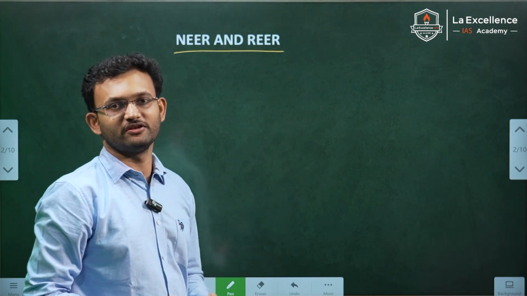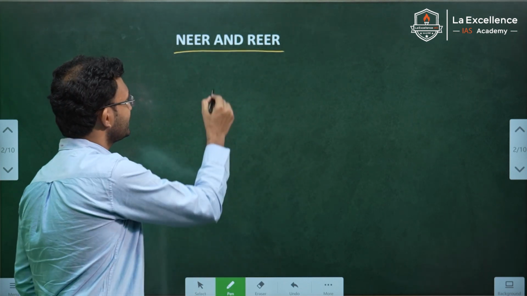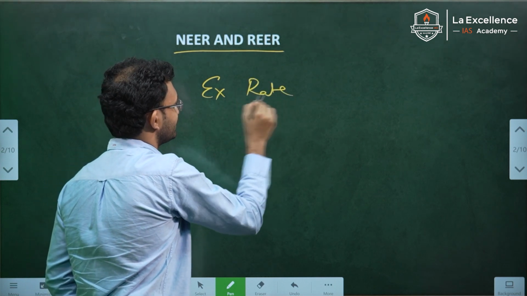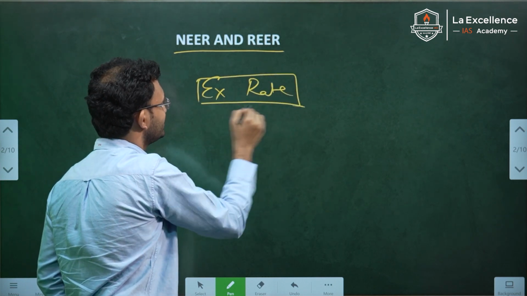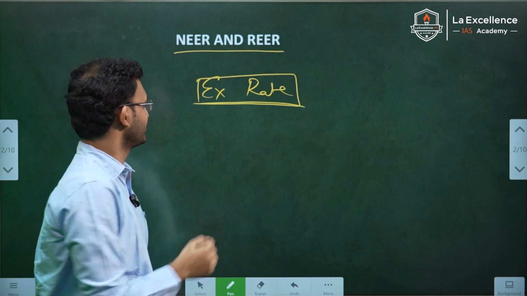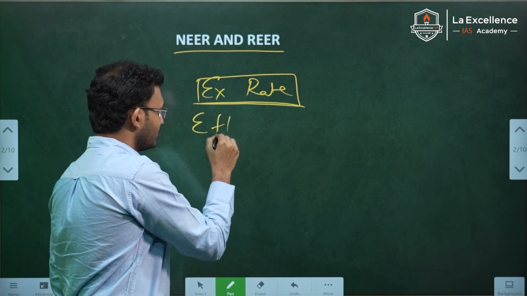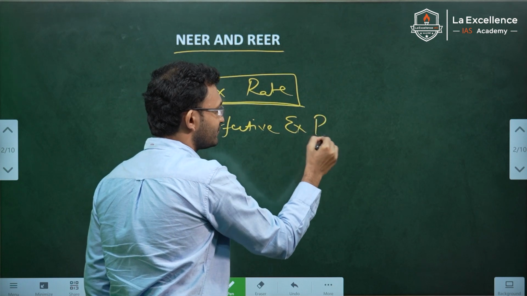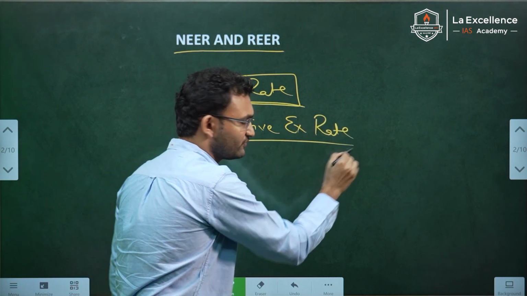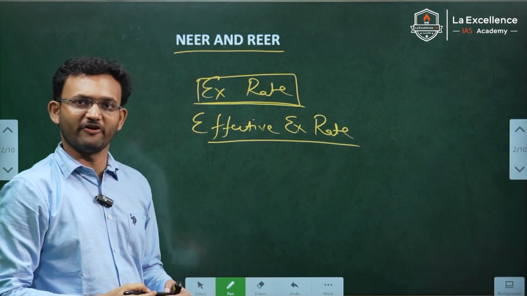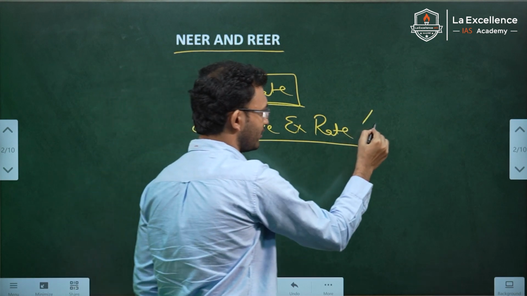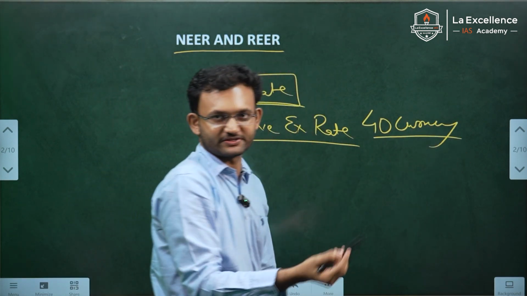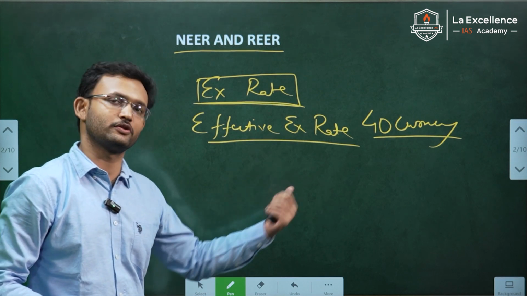To arrive at NEER and REER from the exchange rate, let's start our journey towards the effective exchange rate. Effective exchange rate literally means a weighted average of 40 currencies which form a basket, rather than comparing just with a dollar.